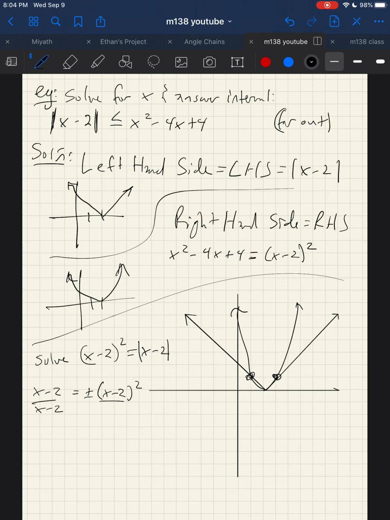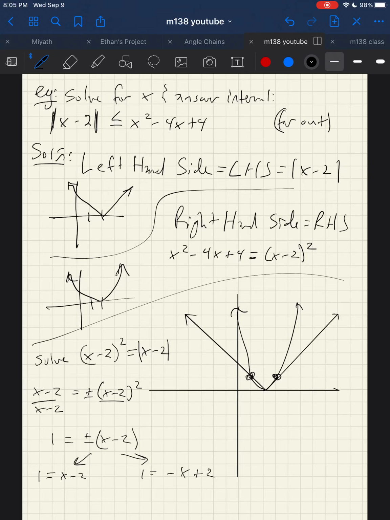I divide both sides by x minus 2, and I get 1 equals plus or minus x minus 2. This either goes to 1 equals x minus 2, or 1 equals negative x minus a minus is plus 2.